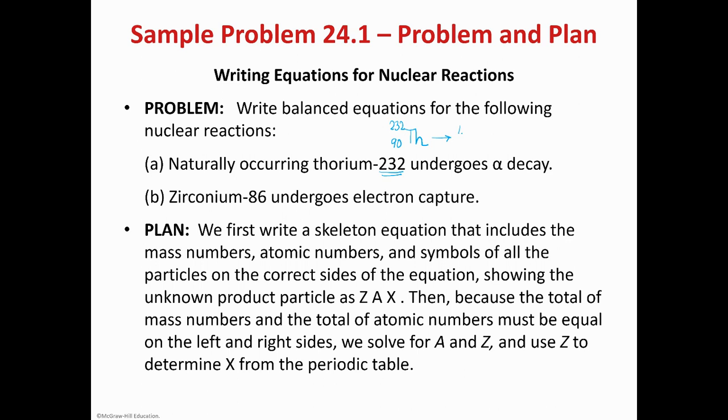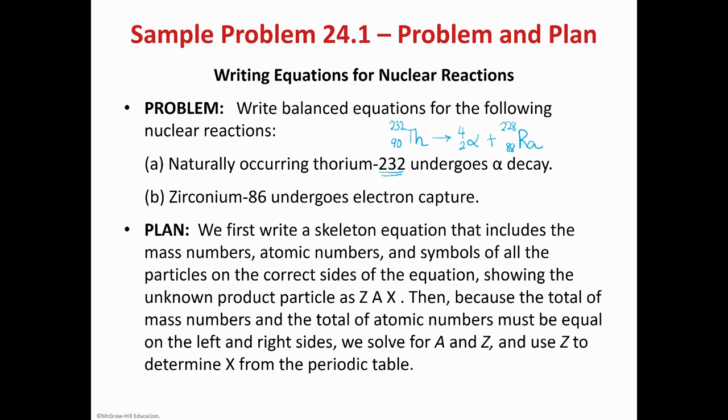And then it releases an alpha particle. And now I say what number plus 2 gives us 90. So we go to our periodic table, and that is radium. And then I ask the question, what number plus 4 gives us 232, which is 228? And then there's my nuclear equation.